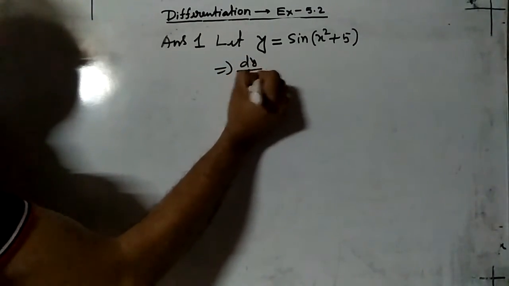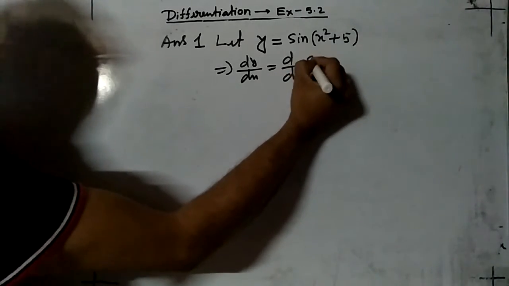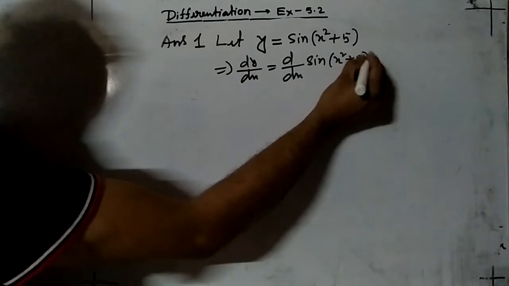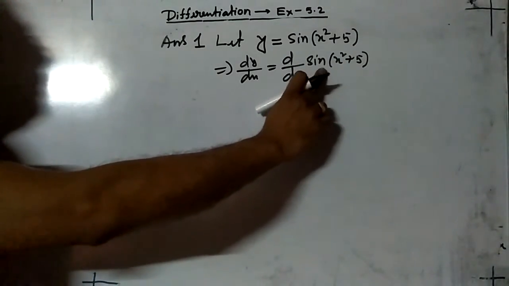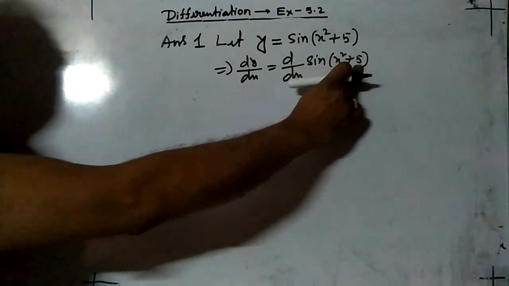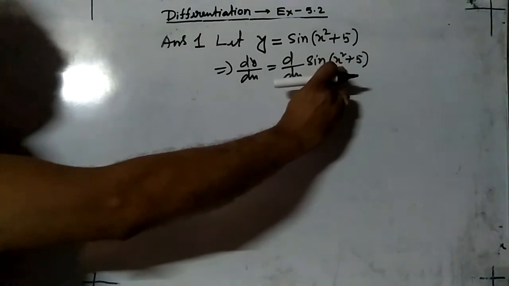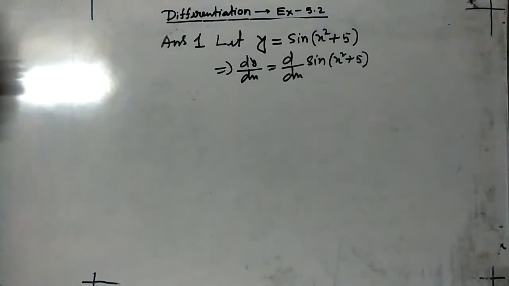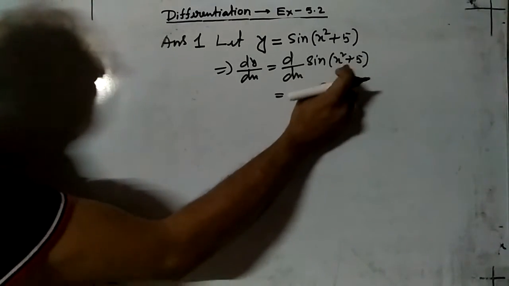by dx equals d by dx of sine of x square plus 5. Now think, according to formula we know the derivative of sine x, but we don't know the derivative of sine of x square plus 5. It is a composite function of sine x and x square plus 5. So if it is a composite function, then we have to use chain rule. How can we find it?